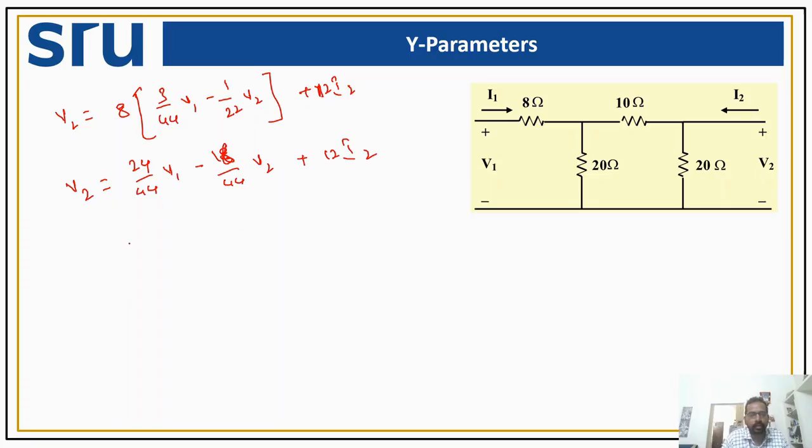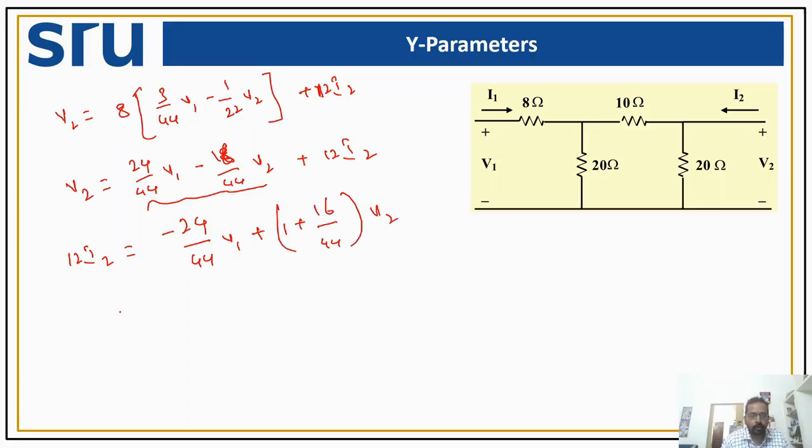So let us rearrange these equations and bring the terms towards left. So we are going to have 12 I2 is equal to minus 24 by 44 V1 plus, let us take V2 common, 1 plus 16 by 44 into V2.